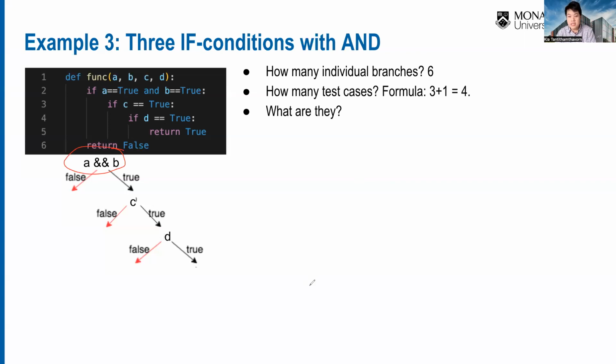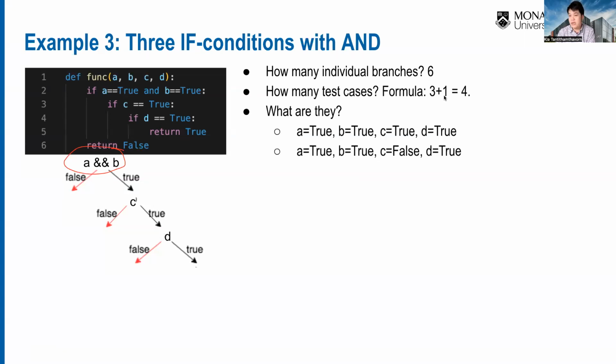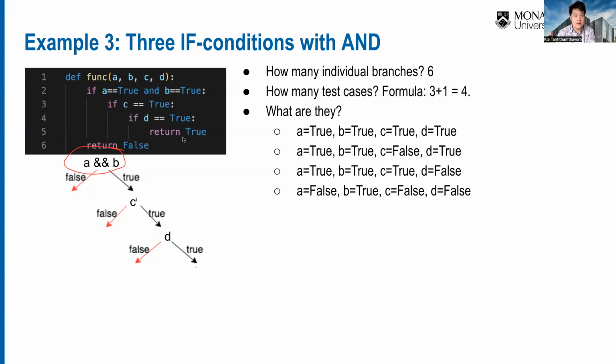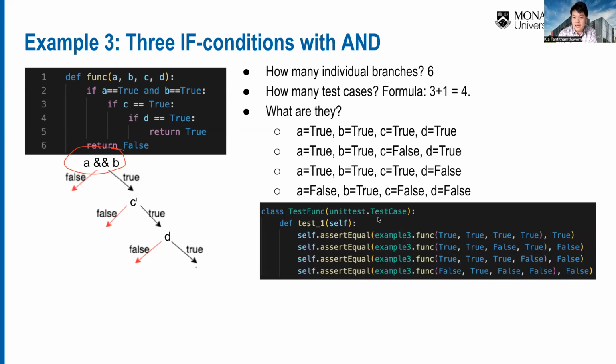That's it. So when we have this kind of case, we can come up with 4 test cases, the same as the previous one. Let's test this one. There are 4 test cases here.